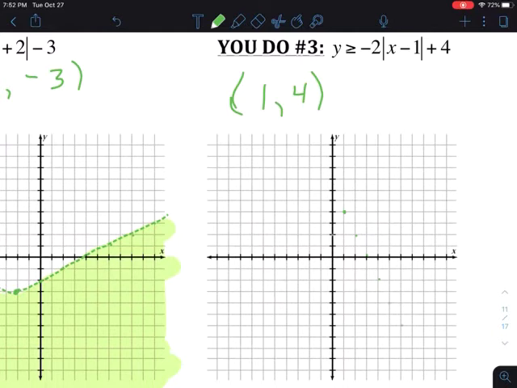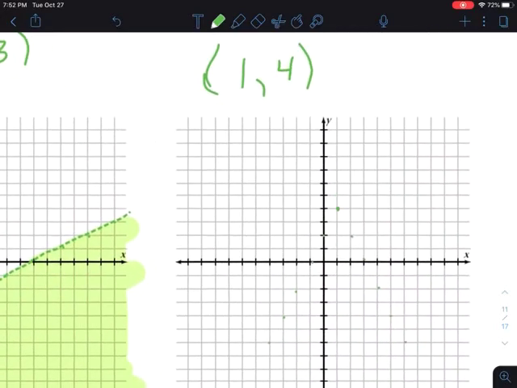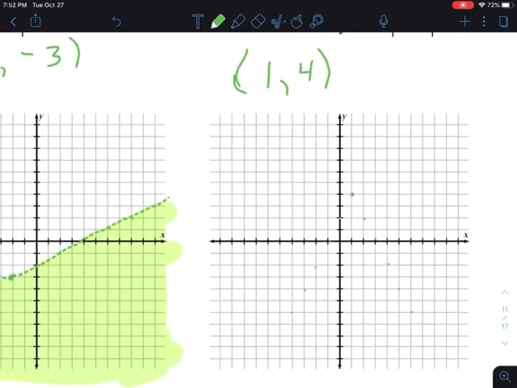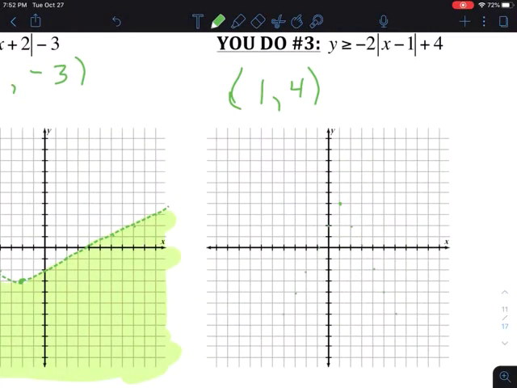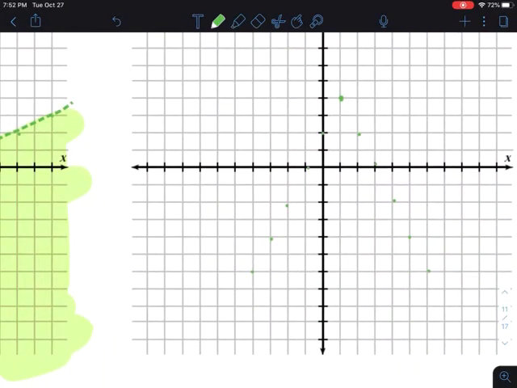And in the other direction, down 2, right 1. And then greater than or equal to, we have an underline, so that should be a solid shade above. Solid shade above.